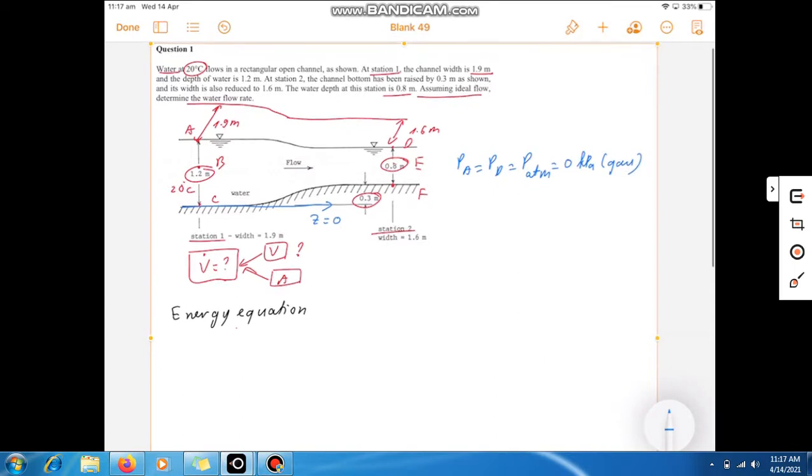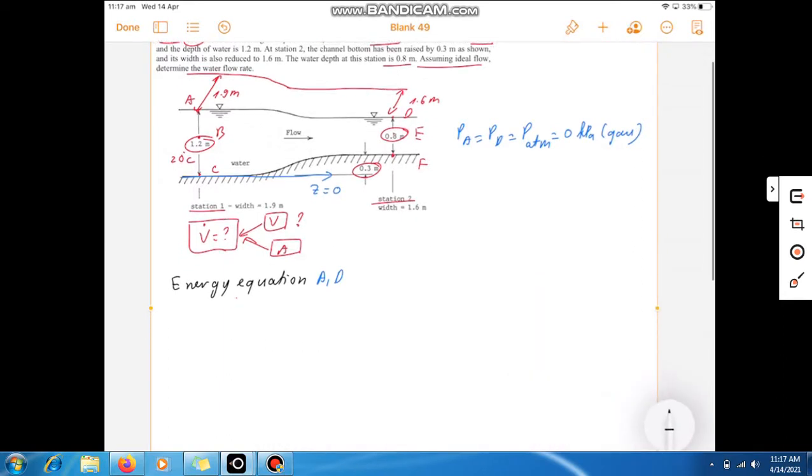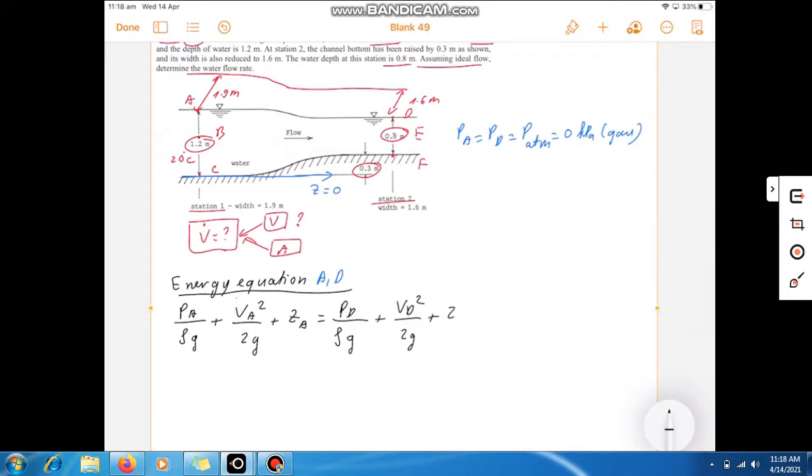That's why in this case I choose point A and point D, because we know the pressure at point A and at point D. The energy equation between point A and point D gives PA over rho g plus VA squared over 2g plus ZA equal to PD over rho g plus VD squared over 2g plus ZD.